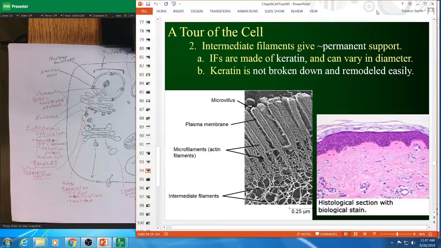If you notice the shape of what's going on here, does anybody recognize what kind of cells these are? They have microvilli. What kind of cell are these? You've had anatomy and physiology. So these would be cells of your intestinal lining.